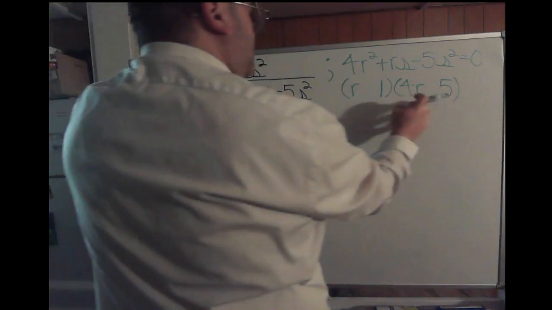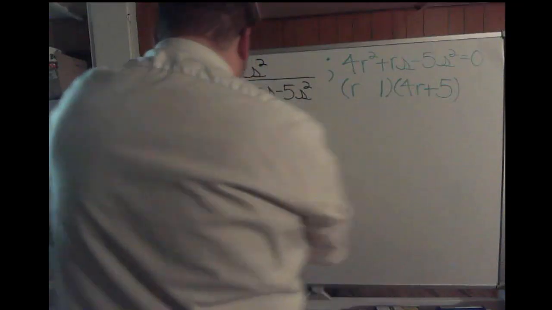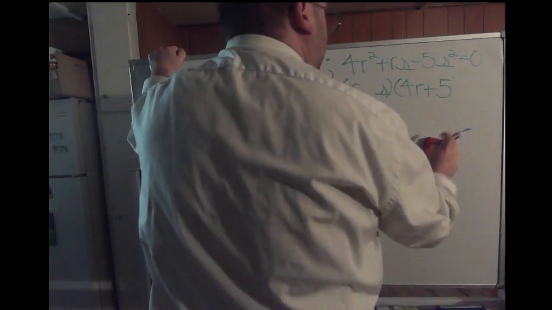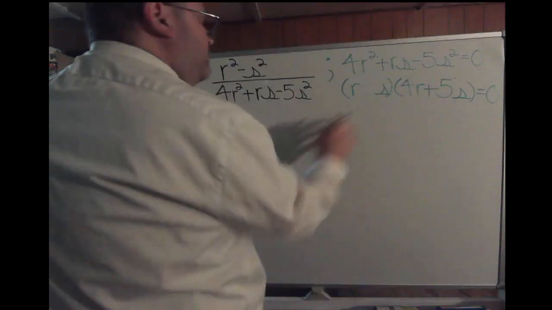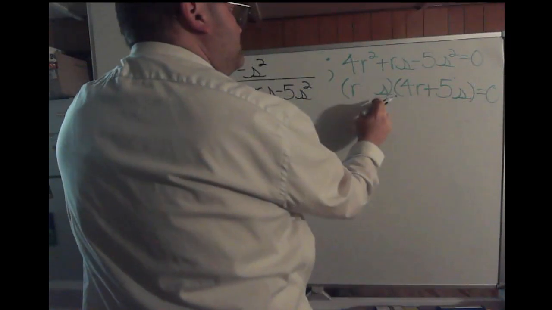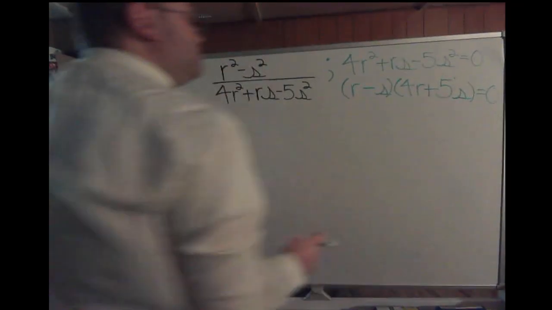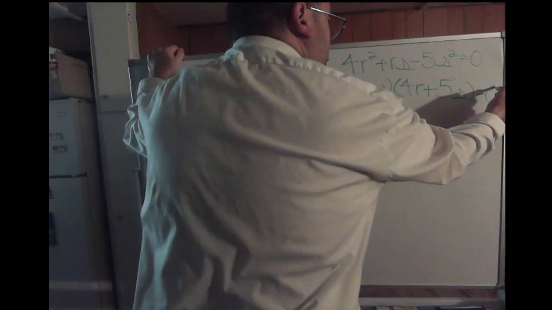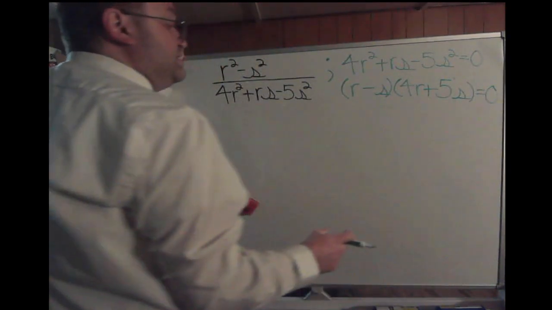So let's see, 4r squared plus, actually that'd be s, 5s, rs and, I forgot the s, my bad. So you get, let's see, 4r squared plus 5rs minus 4rs, which would give you positive rs minus 5s squared. So it looks like the factorization is going to be r minus s times the quantity of 4r plus 5s.